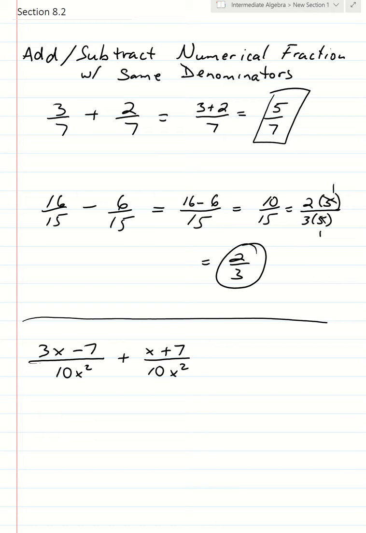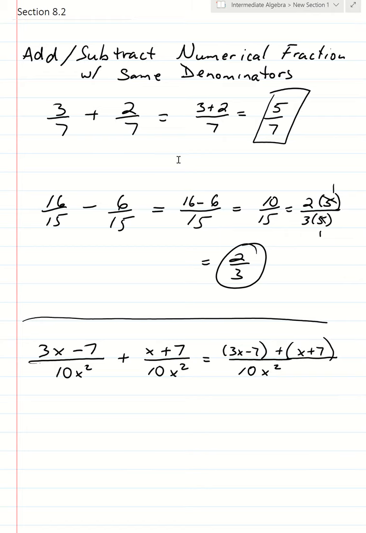Now here, once again, just like in the previous two problems, here we have the same denominators of 10x squared. So we are going to keep that denominator of 10x squared. Now what I'm going to do is I'm going to take my first numerator, of 3x minus 7, and I want to add to it my second numerator of x plus 7.